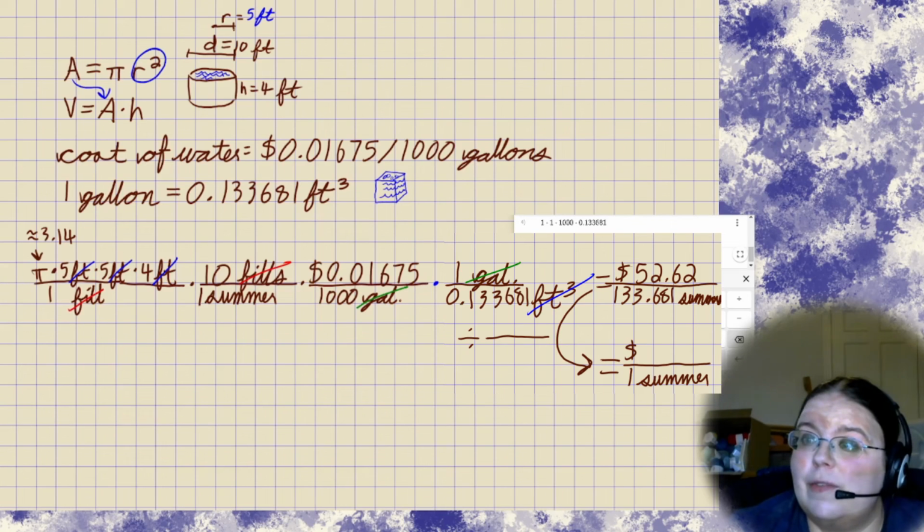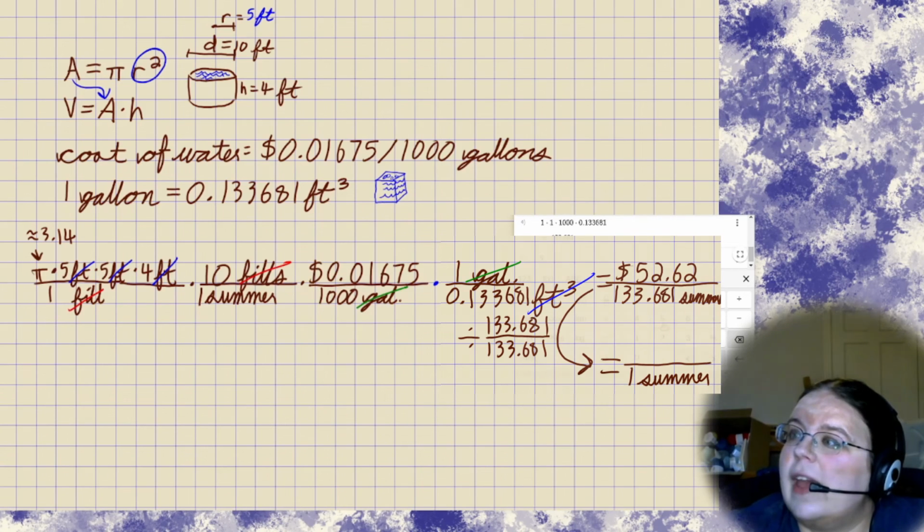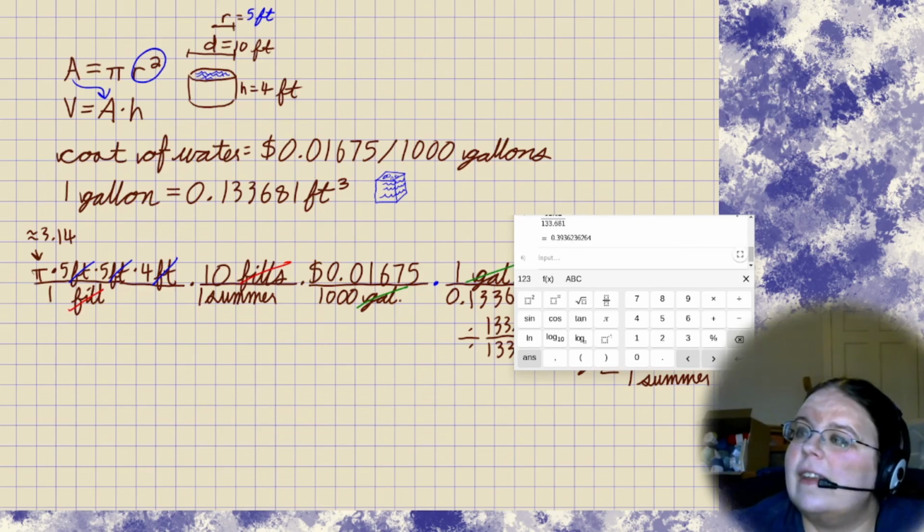And if I want an equivalent fraction, the numerator and denominator have to have the same thing divided out. So now I'm going to say, okay, $52.62 divided by 133.681, and I find that that is about 39 cents.